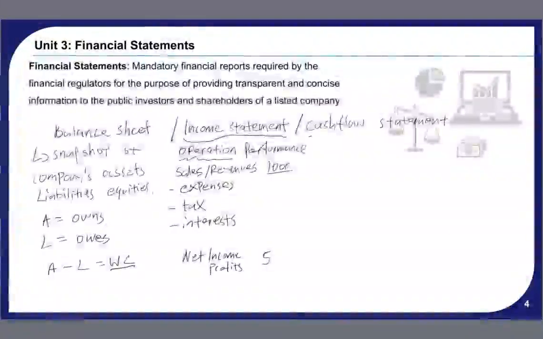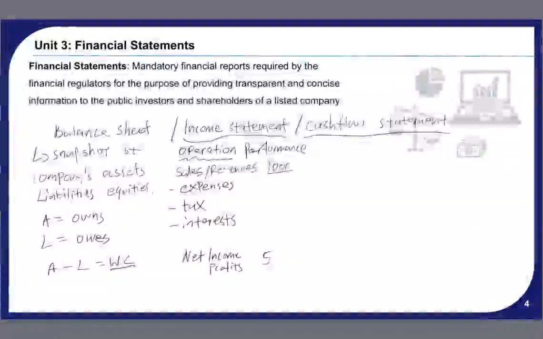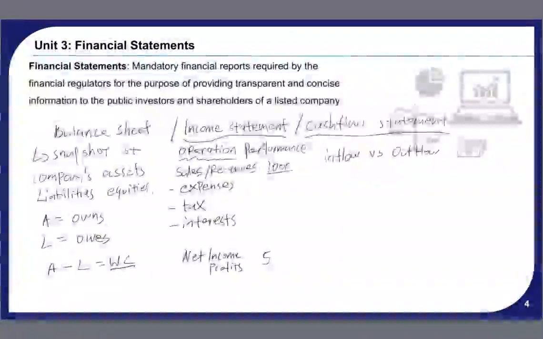And the cash flow statement is slightly more tricky because it assumes you have an understanding of the balance sheet and income statement. In a cash flow statement, we just want to see the inflow versus outflow of cash.